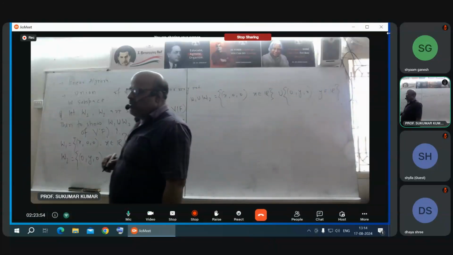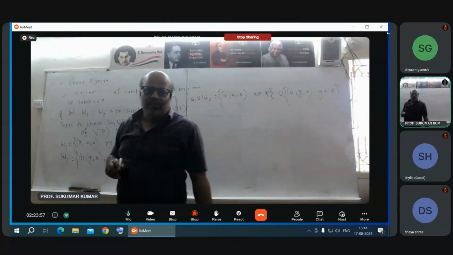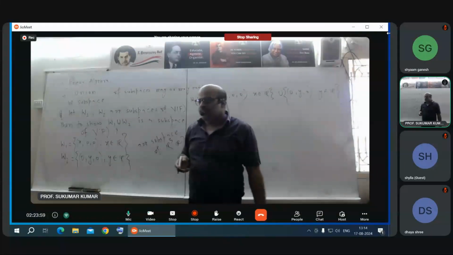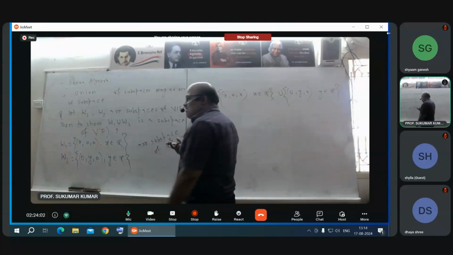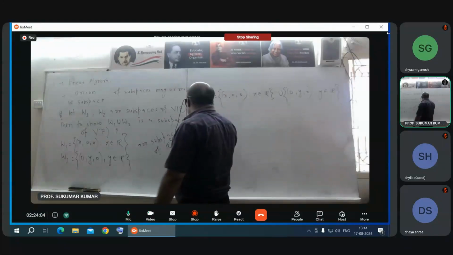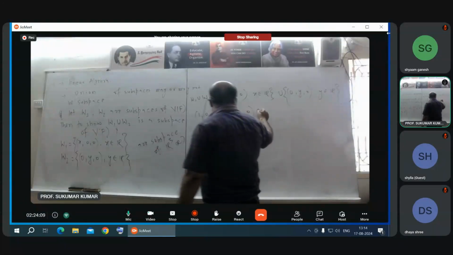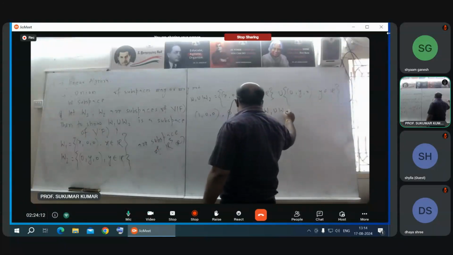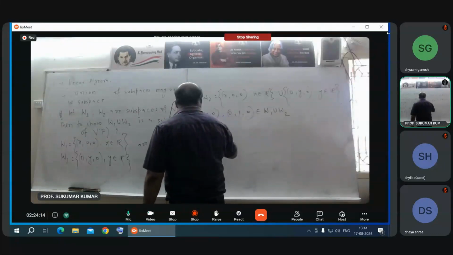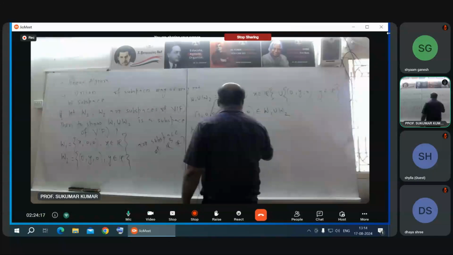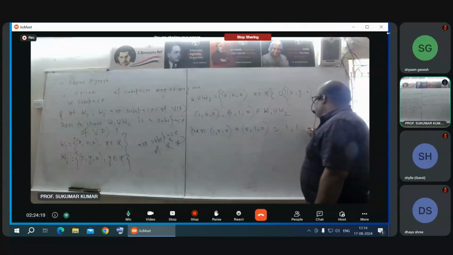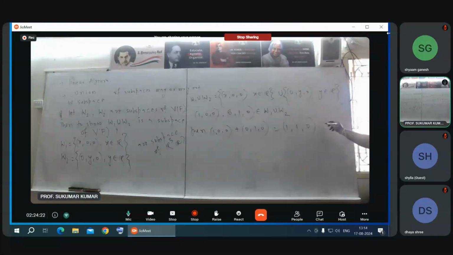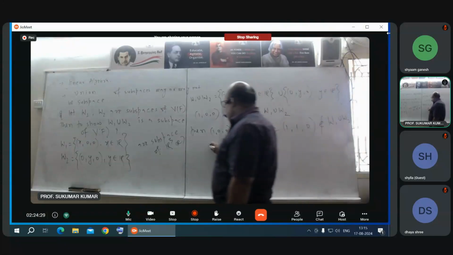It means x comma 0 comma 0 and 0 comma y comma 0, elements of these forms. So the closure law itself won't be satisfied. Suppose 1 0 0 and 0 1 0 belong to W1 union W2, and their addition is 1 1 0, and this does not belong to W1 union W2. So W1 union W2 is not a subspace.